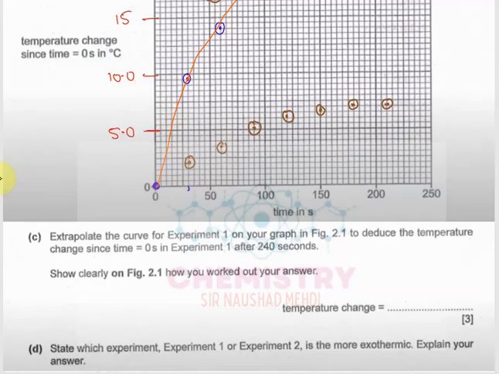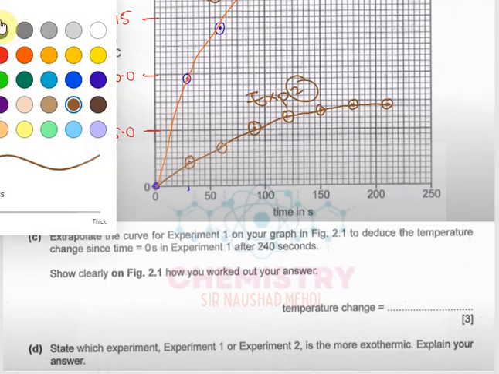So this is the graph for experiment number 2.